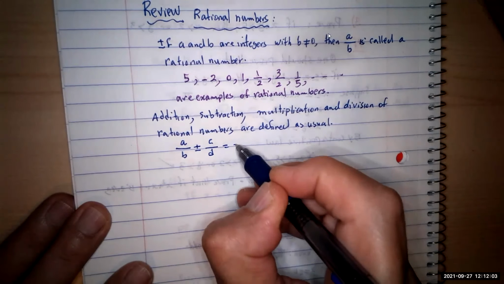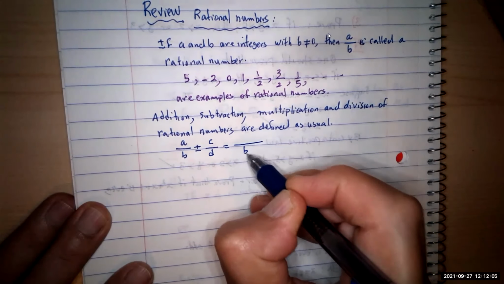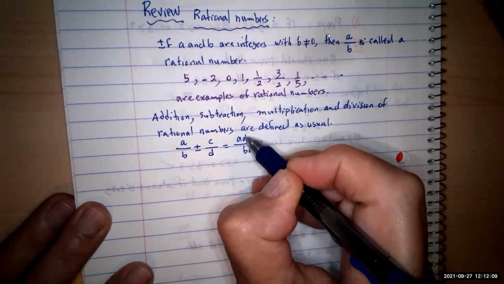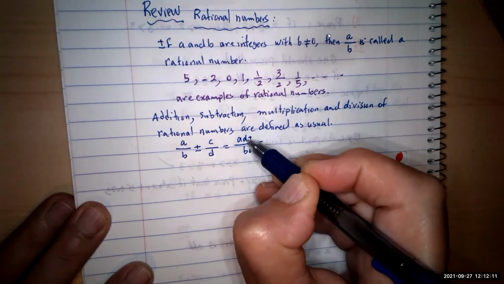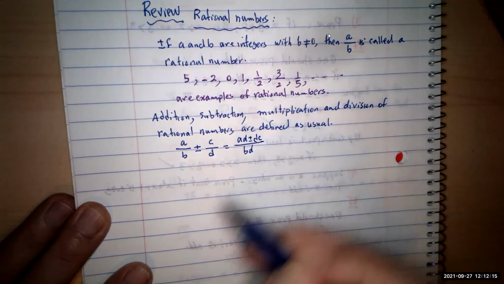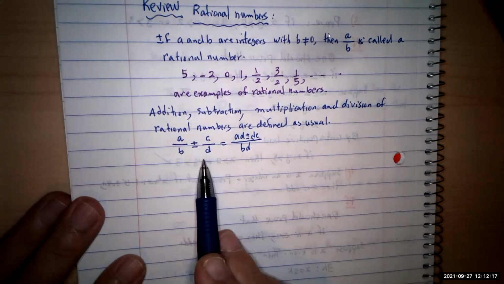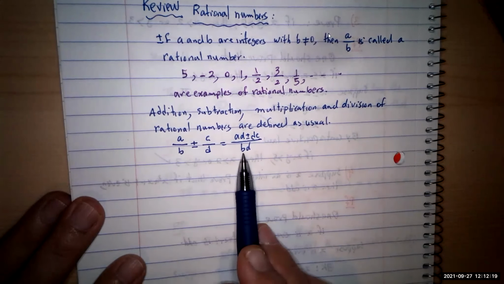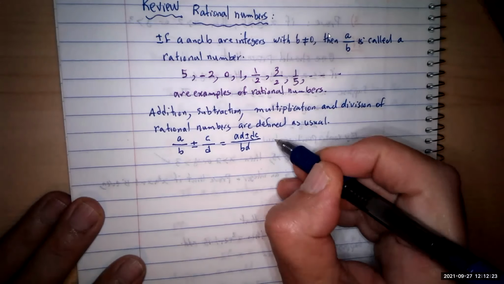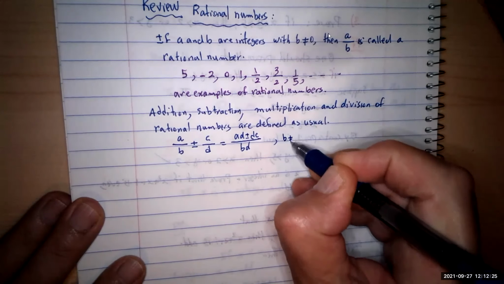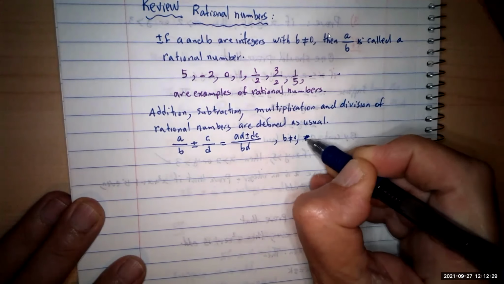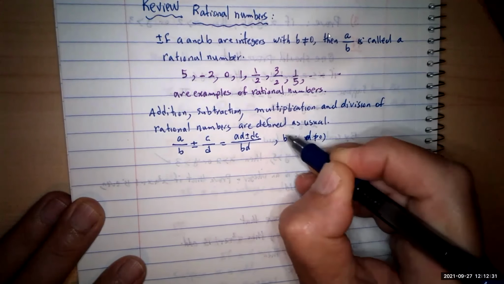The common denominator would be BD, and on the top would be AD plus or minus DC. Since B and D are not equal to 0, this denominator is also not equal to 0.